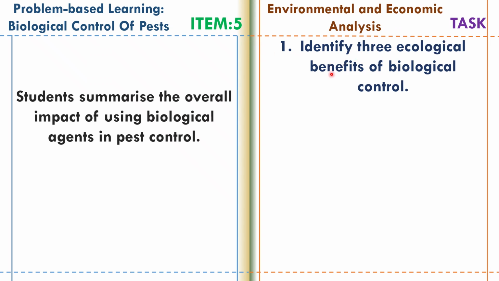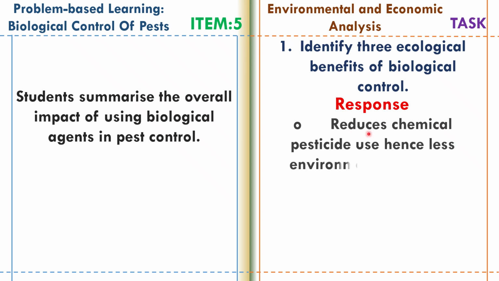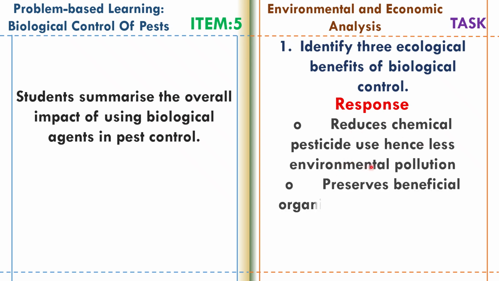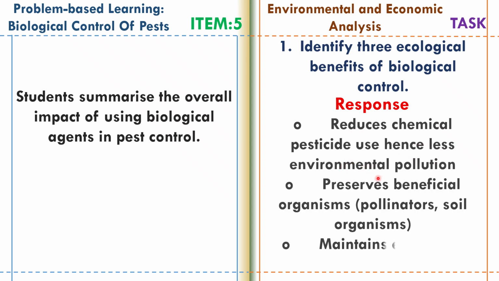Identify 3 ecological benefits of biological control. Reduces chemical pesticide use, hence less environmental pollution. It preserves beneficial organisms like pollinators and soil organisms.